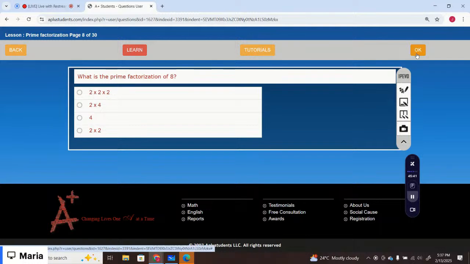What is the prime factorization of 8? That is 2 times 2 times 2. Option number 1 is the correct option.